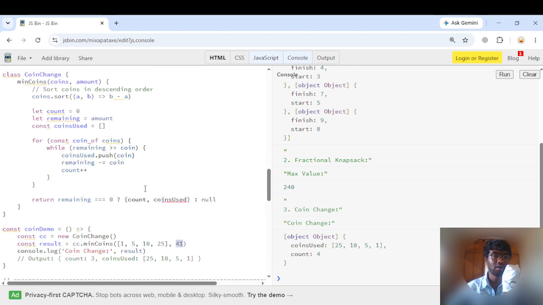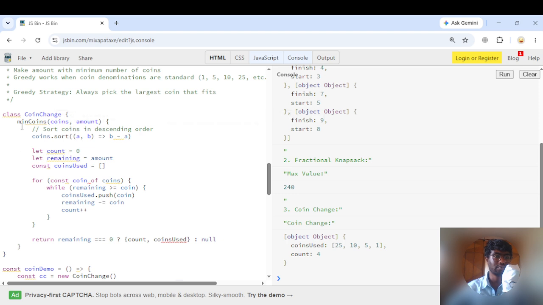Here is a simple solution for the same in the greedy approach. We sort the coins in descending order, and we keep the count of the number of coins and the remaining amount, subtracting with each coin that we change with. Coins used is also something that we push out.